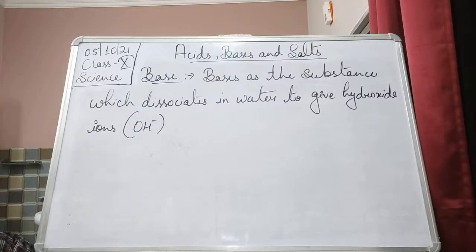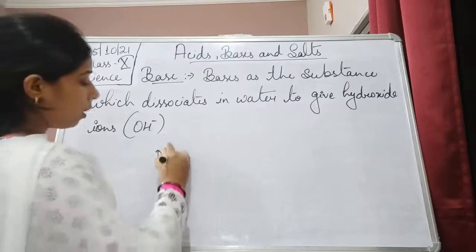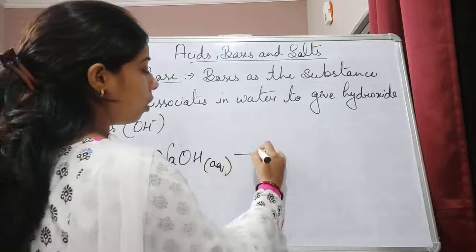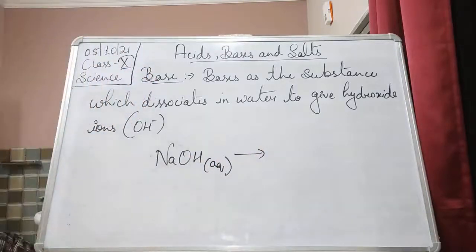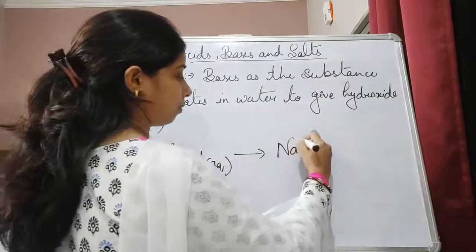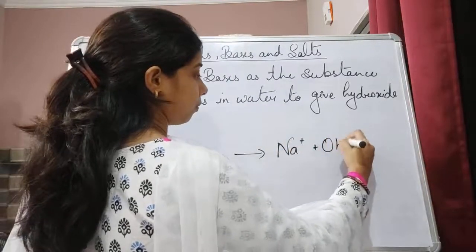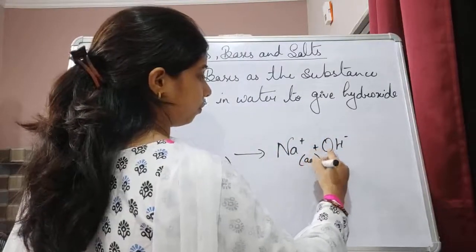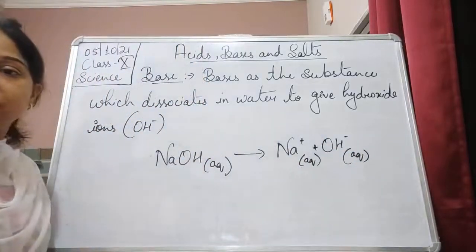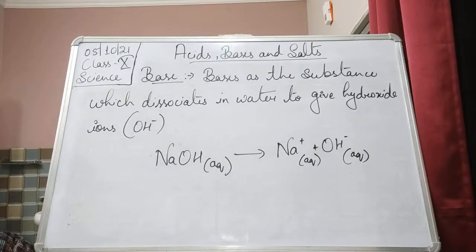For example, we can take sodium hydroxide. Sodium hydroxide in an aqueous solution will get dissociated into Na positive and OH negative. So OH negative is what makes it a base.